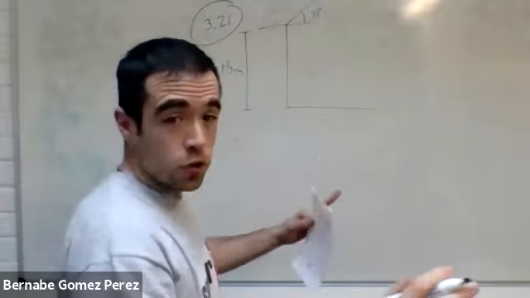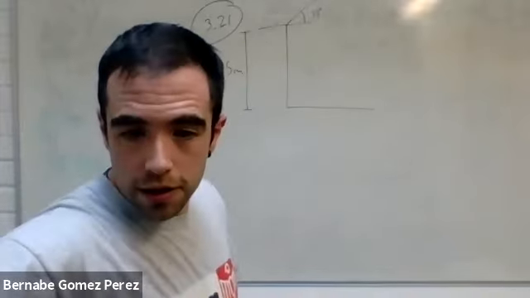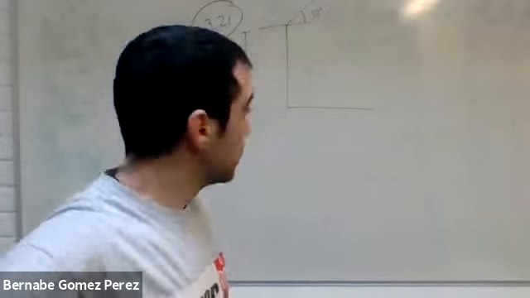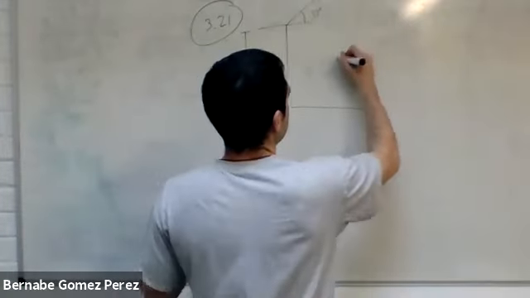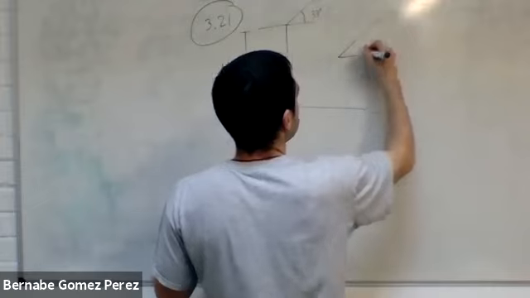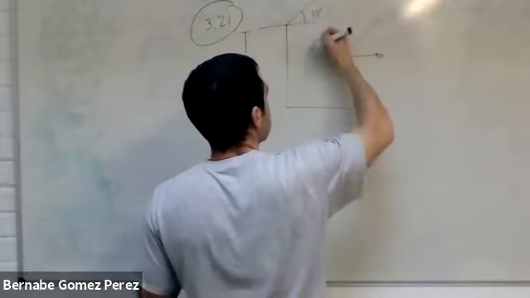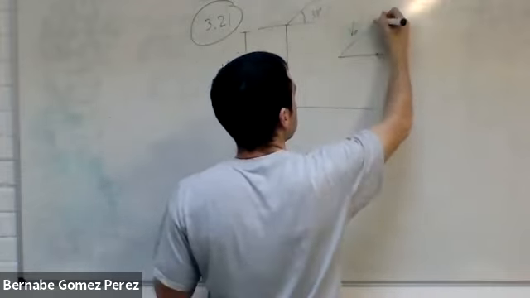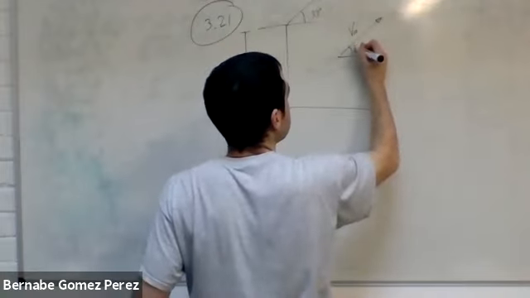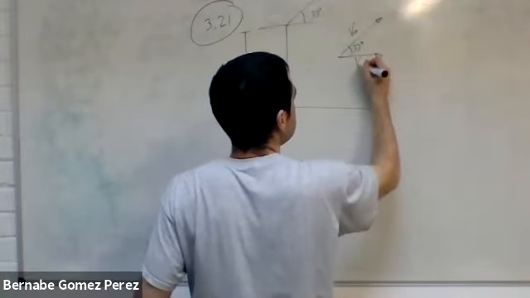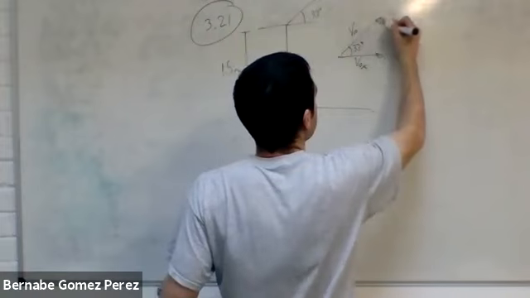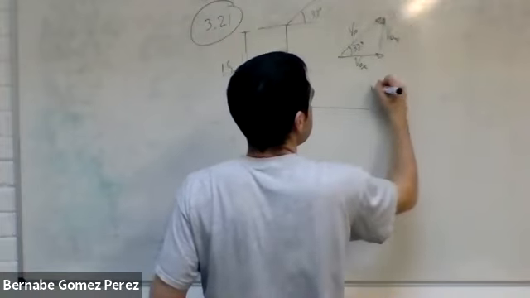The first thing you need to know is to decompose V0. So I have V0, I have the angle, 33 degrees. So this is V0x, V0y.